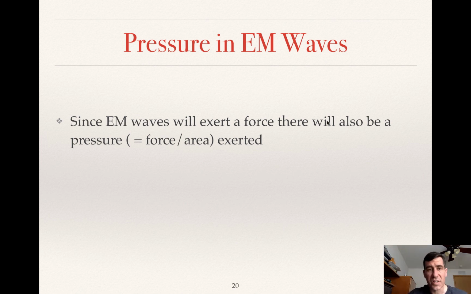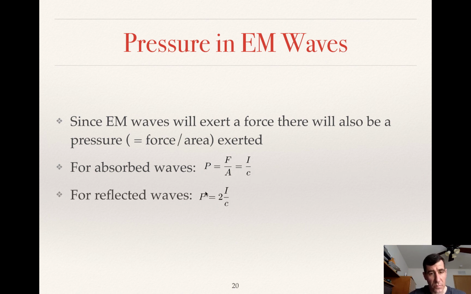Well, if there's a force, there's also going to be a pressure. Pressure is just force divided by area. So if you have an absorbed wave, then the pressure, capital P, is force per area, which is actually the intensity of the wave divided by the speed of light. Or if you're reflecting the waves, remember we get this extra factor of 2, so it's 2 times the intensity of the wave divided by the speed of light.